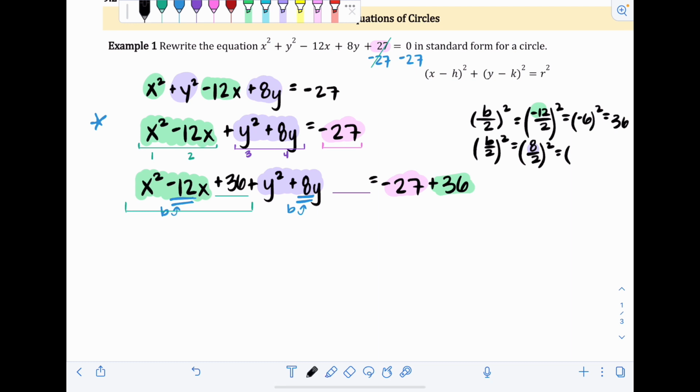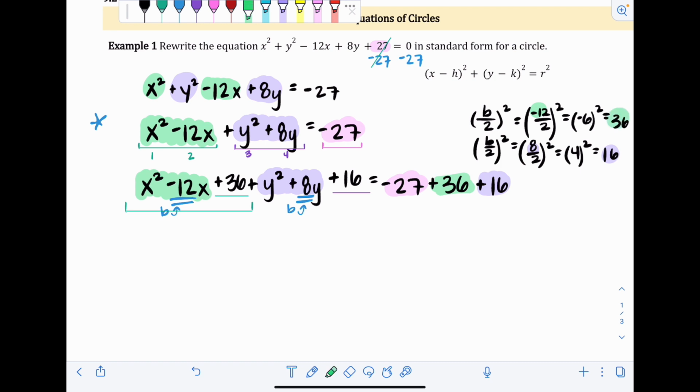And then 8 over 2 is 4, and then 4 squared is 16. So 16 is what we're going to add into our y's, so plus 16 right here. And then same thing, if I add in a 16, it's going to throw the equation off balance. So I have to add it to the other side as well to keep the equation balanced and keep the same solutions essentially.